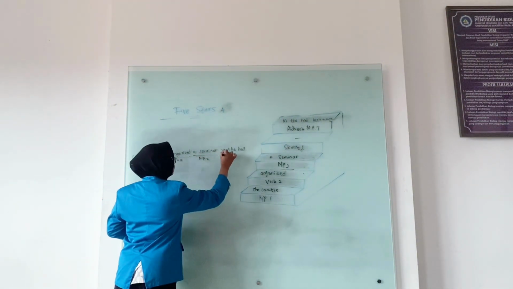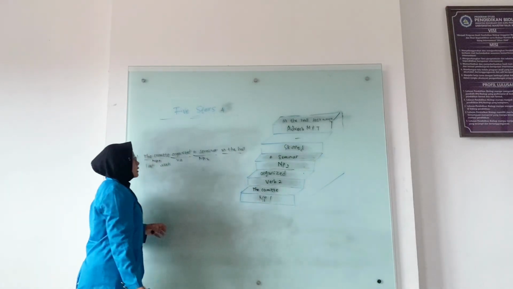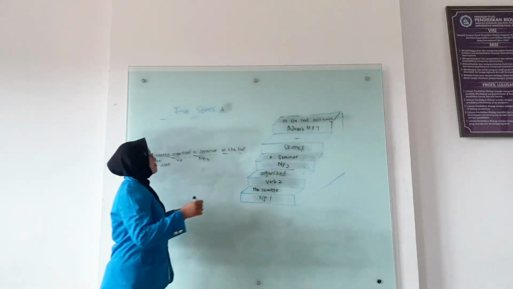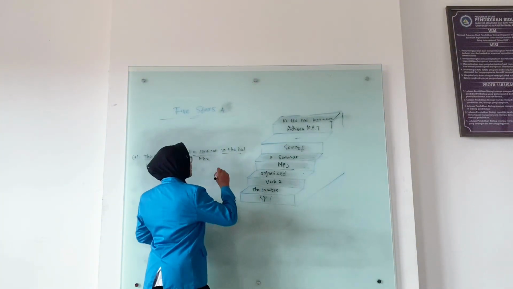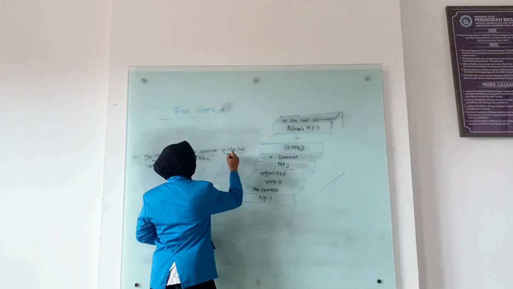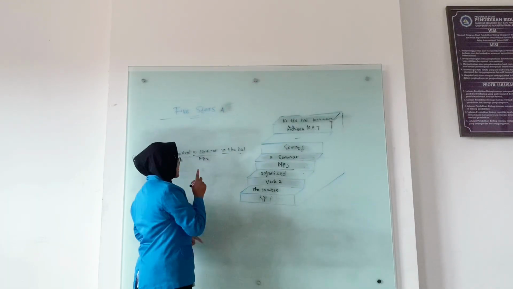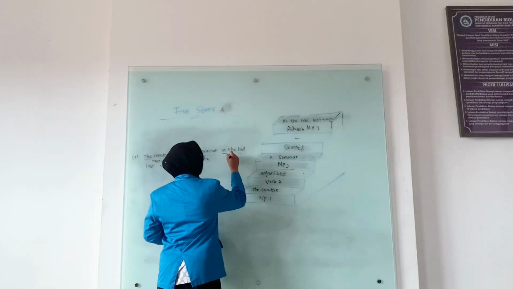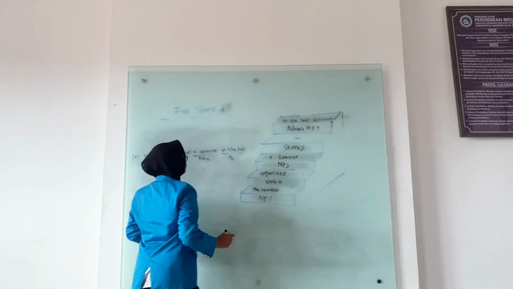NP2. This one is adverb of MPT. So this is the adverb of place, or we can write P2.